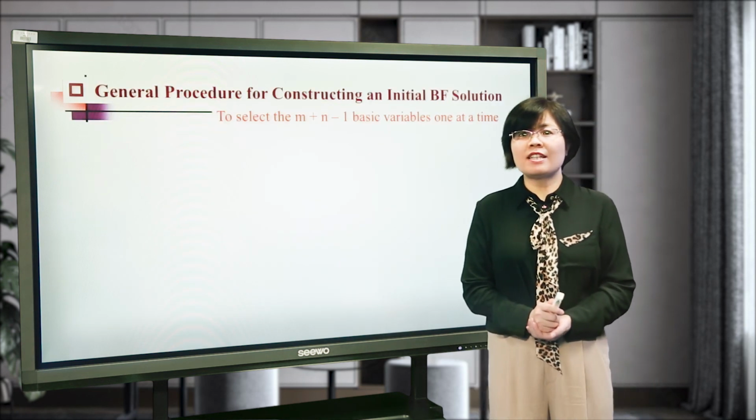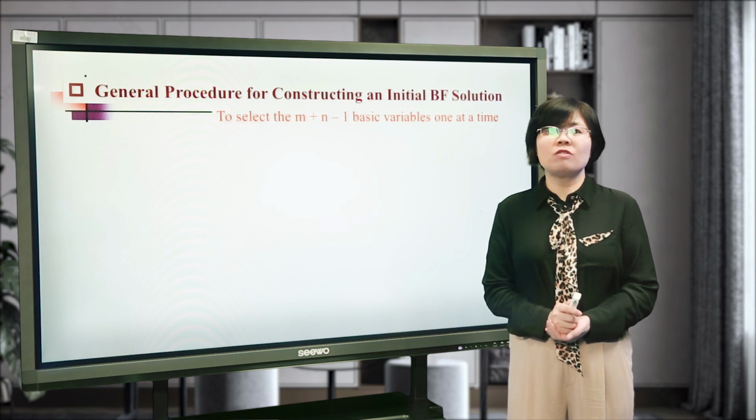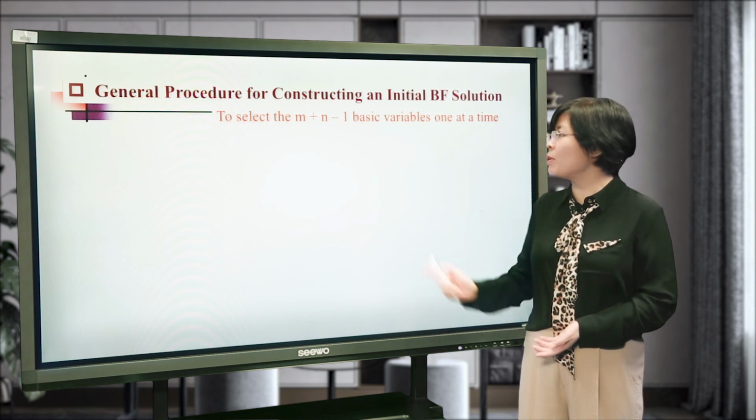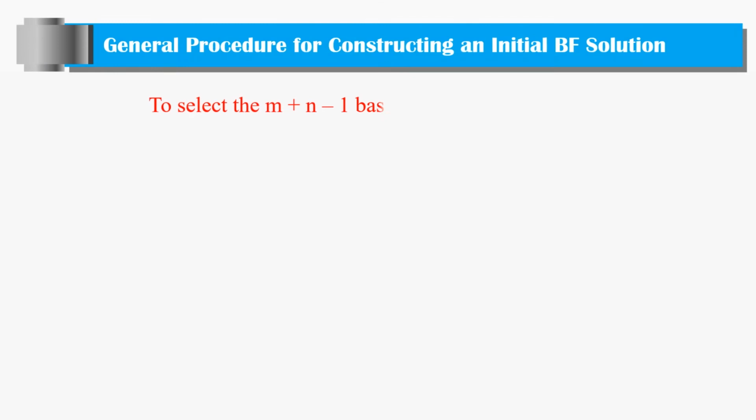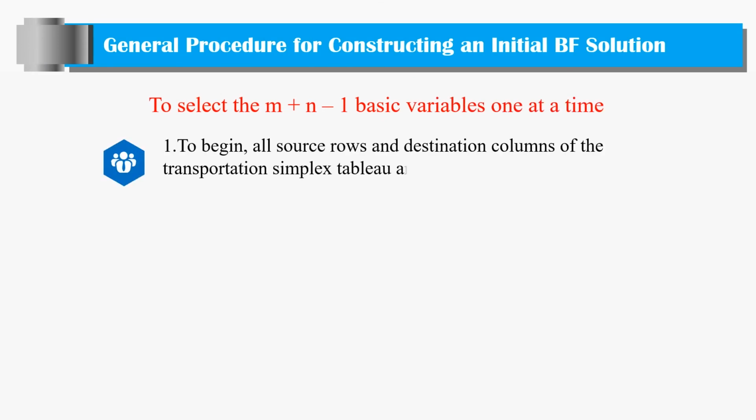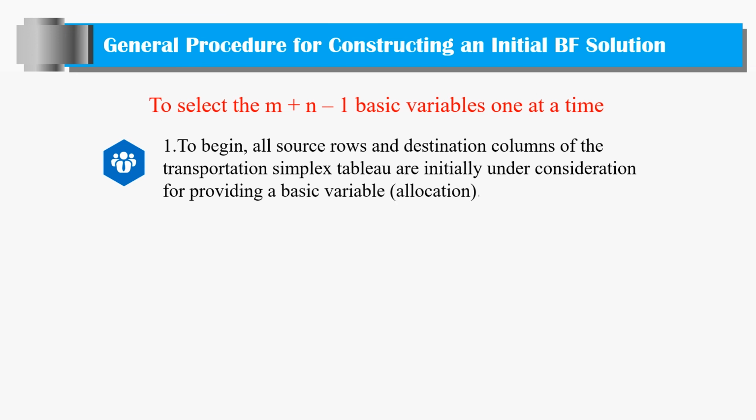Okay, now let's summarize the general procedure for constructing the initial BF solution. First, to begin, all source laws and destination claims of the transportation simplex tableau are initially under consideration for providing a basic variable allocation.